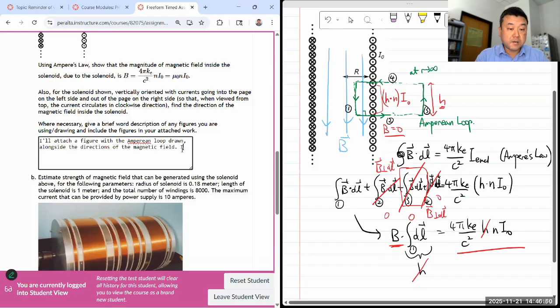So in the figure, I start with the statement of Ampere's law, with the right hand side simplifying to 4 pi k over c squared times h times n I naught. H is the height of the loop.